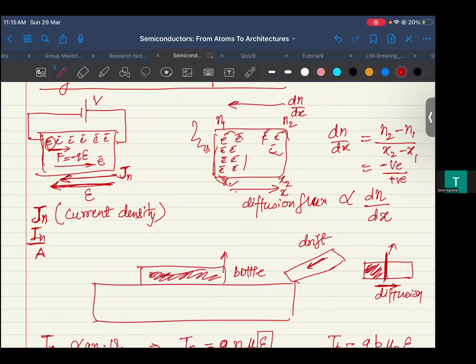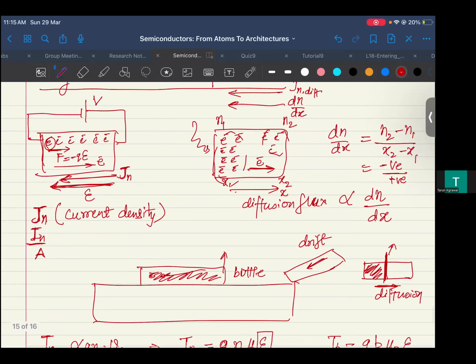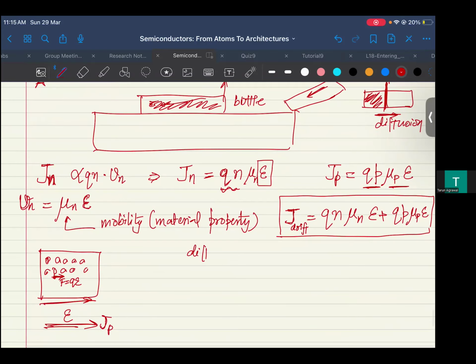Now where is the flow of electrons happening? Obviously electron flow is happening like this. Where then will Jn happen? The electron current due to diffusion will happen in this direction. So from this I see that my Jn diffusion is actually going to be in the same direction as dn/dx. So due to diffusion, my Jn is proportional to dn/dx.